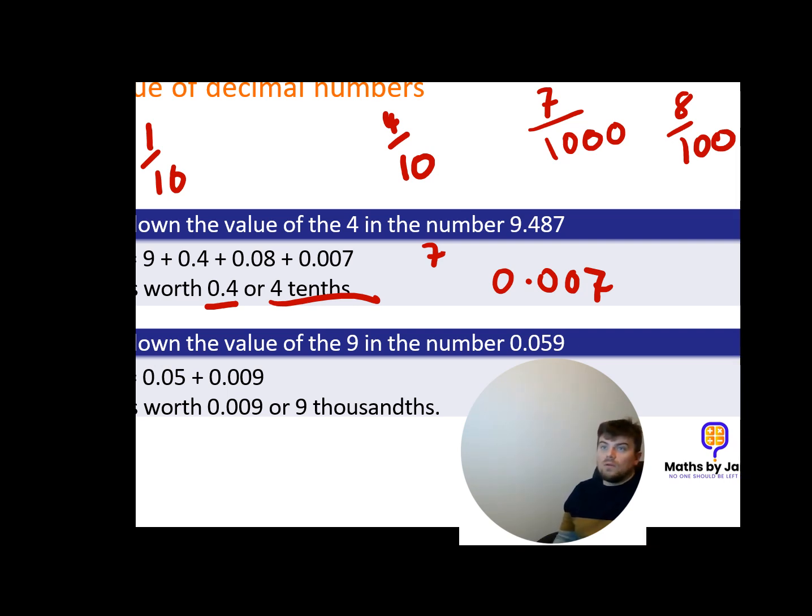This would be 0.059 equals 0.05 plus 0.009. Lots of noughts there. But we know that's 9 thousandths. So we can also write that as 9 out of 1,000.